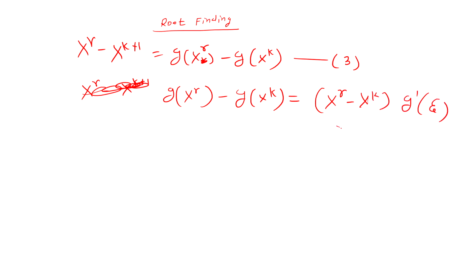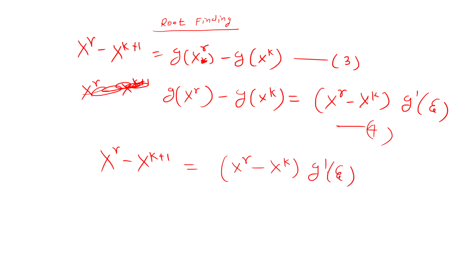Now if we compare these two expressions, we get x r minus x k plus 1 is nothing but x r minus x k times g prime chi.